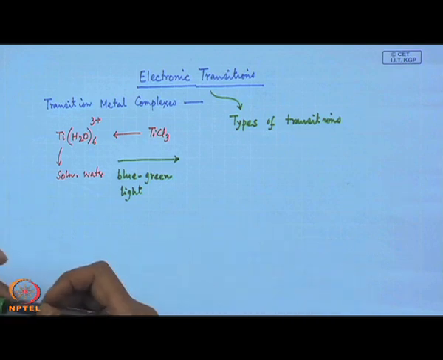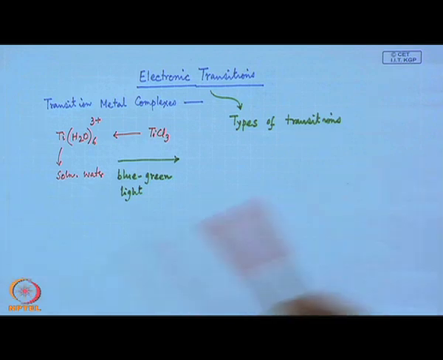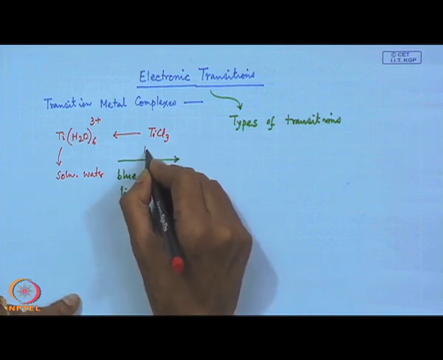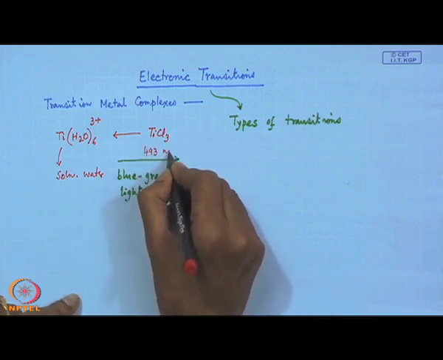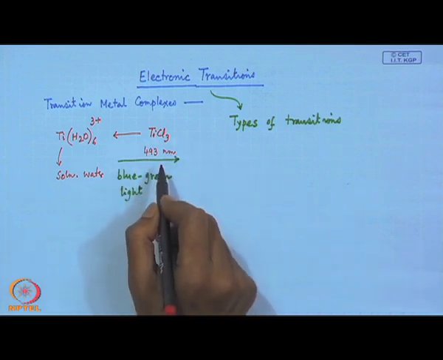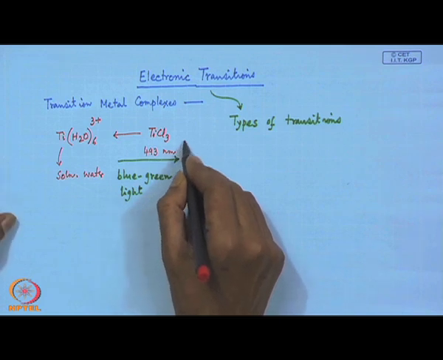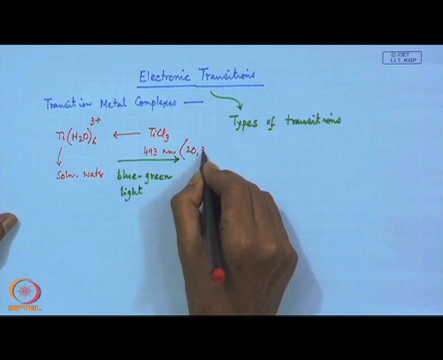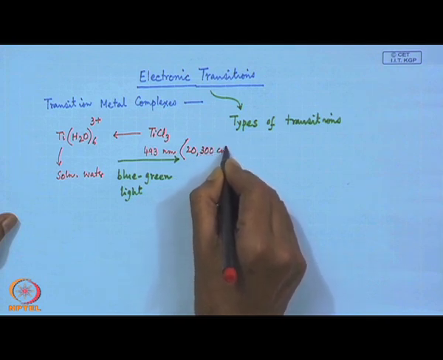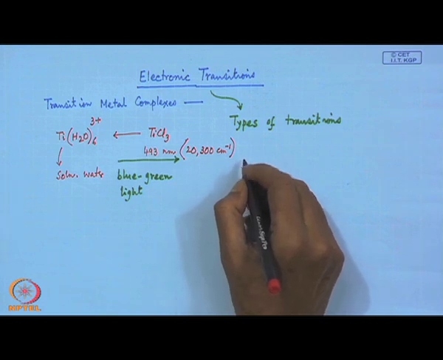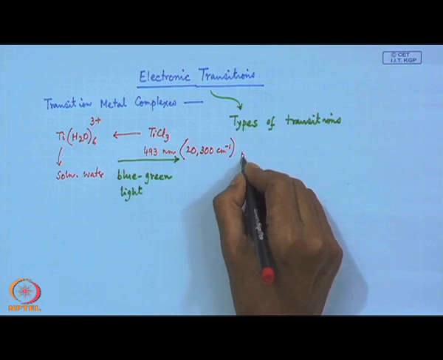the electronic transition will take place at that particular point at 493 nanometer. So, this blue green light corresponds to this wavelength, and in wave number unit this corresponds to 20,300 centimeter inverse, and the corresponding color of the solution would be purple violet.